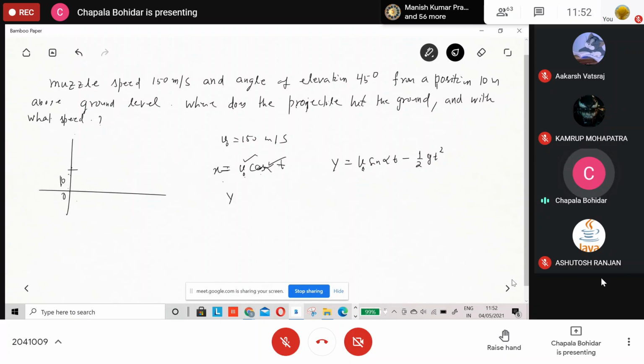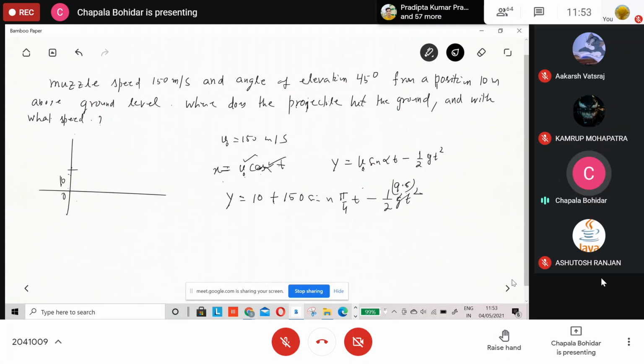So y must be written as 10 plus v0, as 150, then it is your sine 45 degree, pi by 4, then t minus 1 by 2 g t square. The g value you can put, it is 9.8, t square.